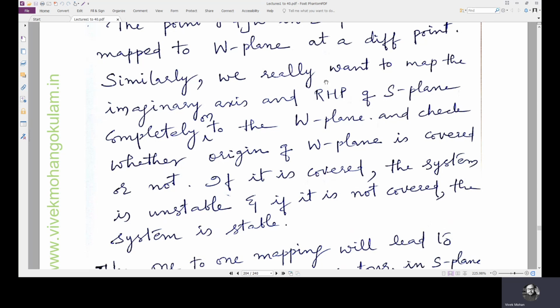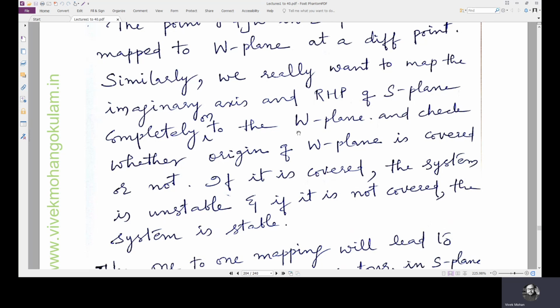What does it say? We know that for the equation 1 plus GH equals 0, if there exists at least one s value in the right half plane, then we say that the system is unstable.